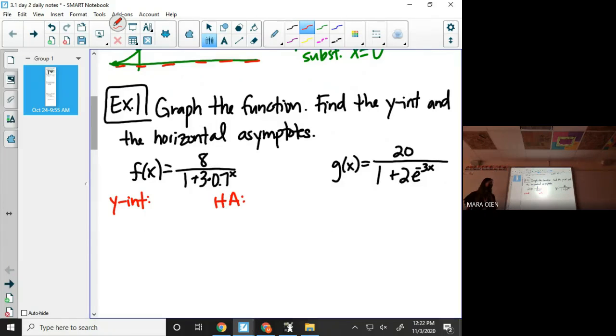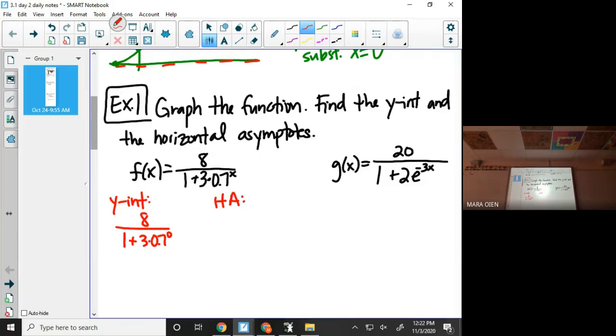Okay. To find my y-intercept, I just have to put 0 into that function and simplify. When I simplify that, if I take 0.7 to the 0 power, anything to the 0 power is 1.